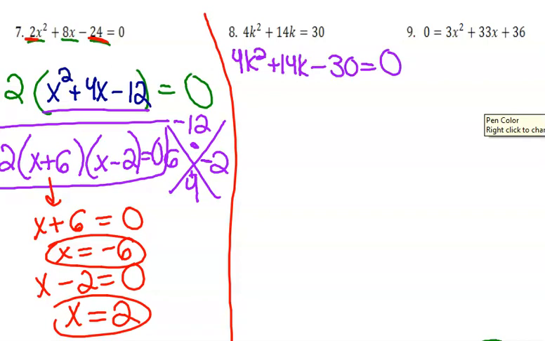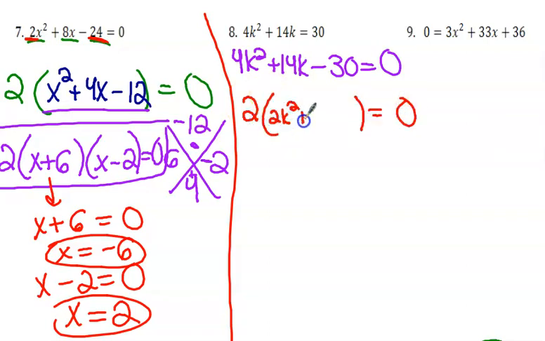And now I need to determine if there's anything that is in common. Okay, so let's see. I think there's a 2 I can also take out of this one. So if I take out a 2, I have 2k squared plus 7k minus 15 equals 0. Well, that's a much easier problem to work with.